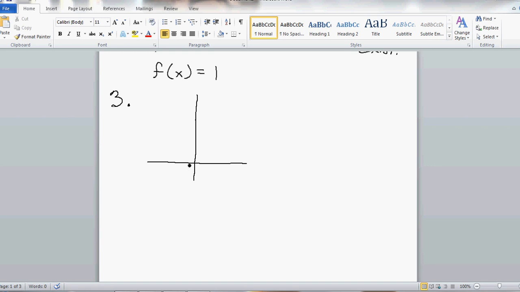We know that when x equals negative 3, f of x equals 0. So we do have that point there. But if we look at x squared plus 2, well, x squared plus 2 we know has a vertex at 0, 2, and then it has certain points.